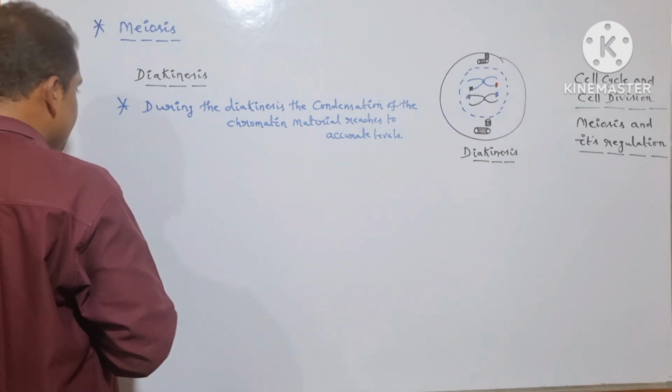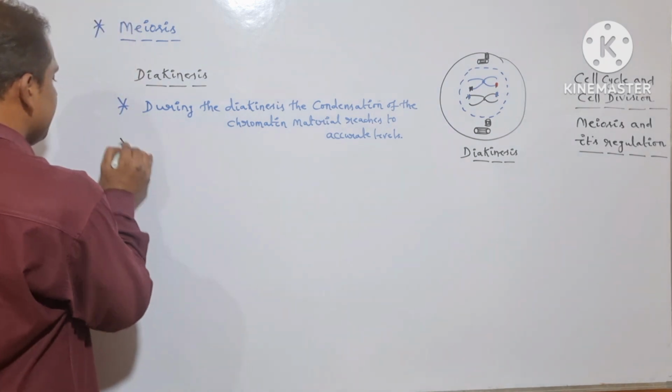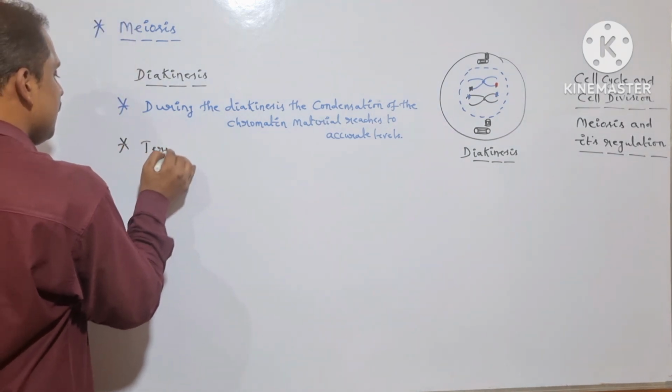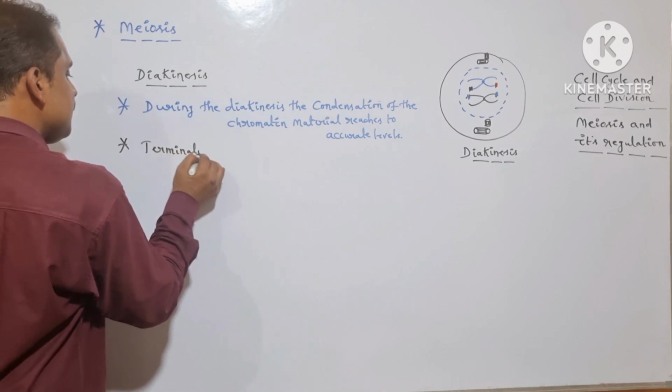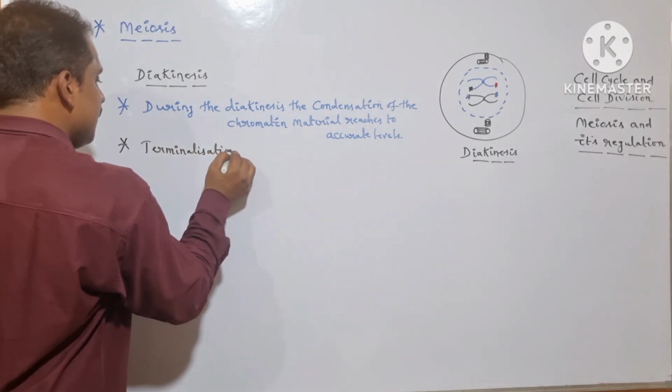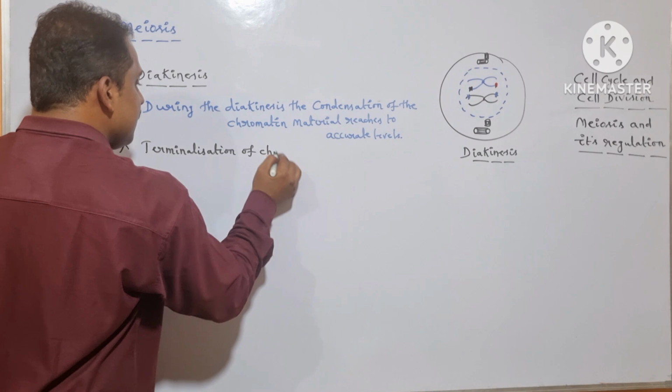And during diakinesis, terminalization of chiasmata takes place.